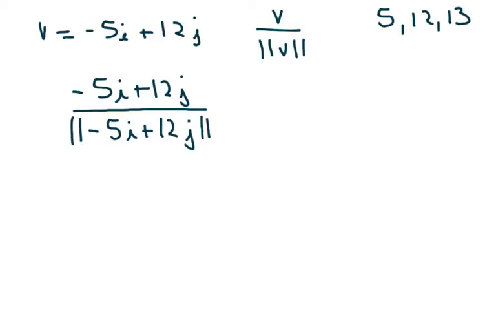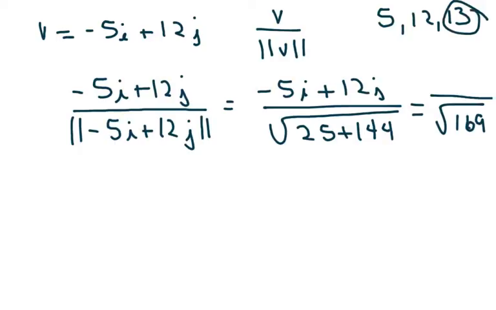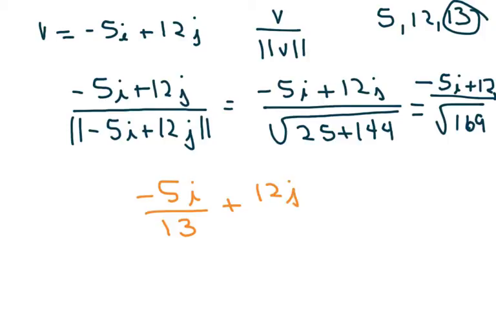This is negative 5i plus 12j over the square root of 25 plus 144, which is the square root of 169, which is 13. So our answer is negative 5i over 13 plus 12j over 13.